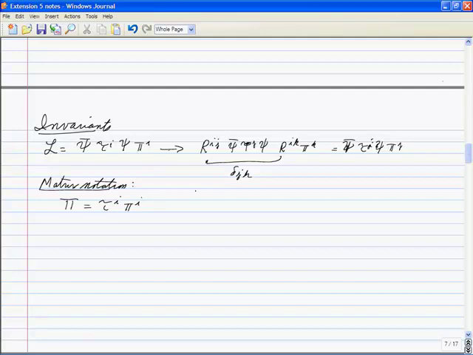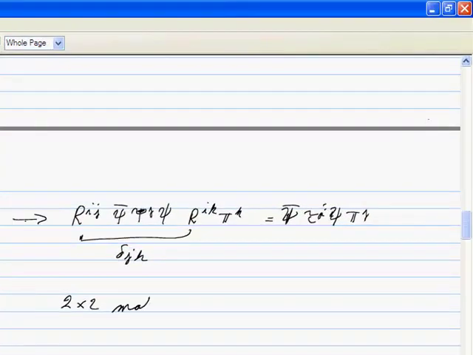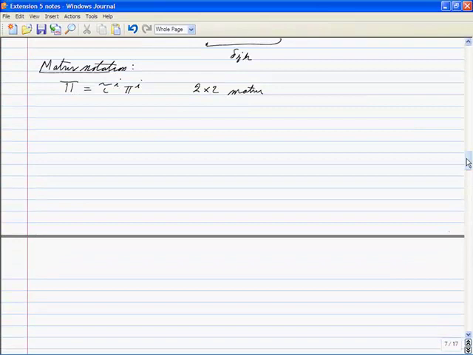So this is then a 2 by 2 matrix. And this transforms by itself as a matrix.